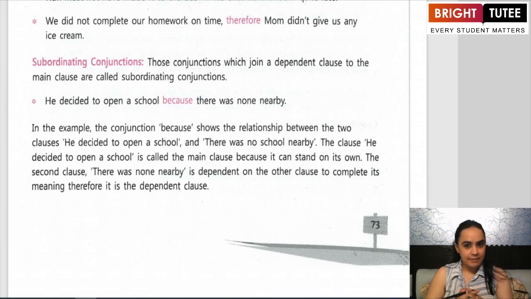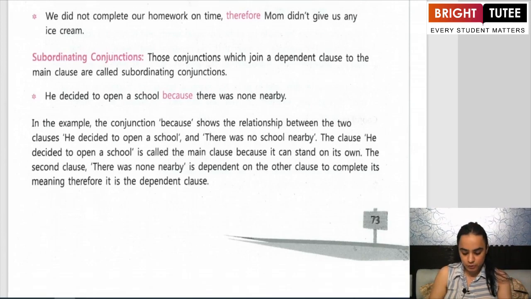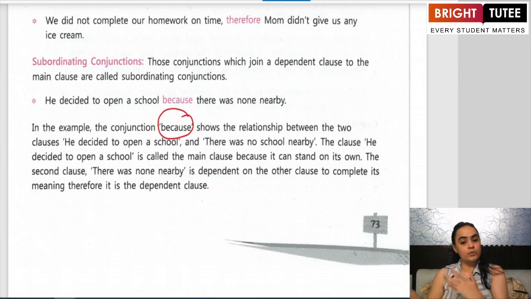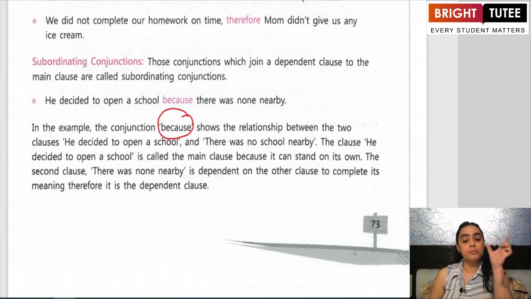Now, in the example that we read above, what was my conjunction? It is because. And why did I use this conjunction? Because it showed the relationship between two clauses.